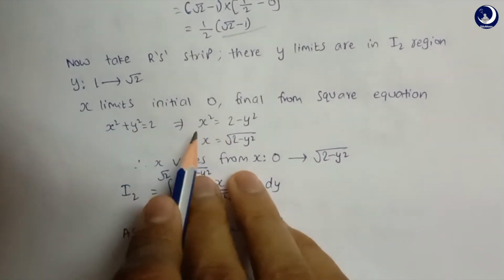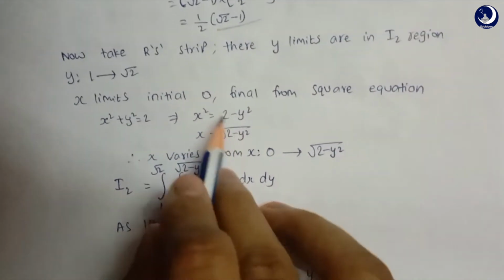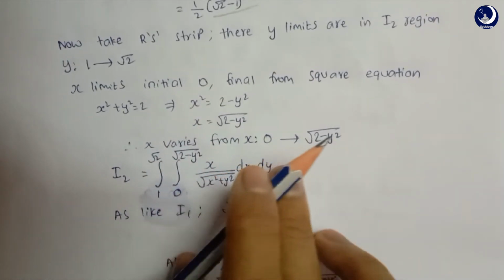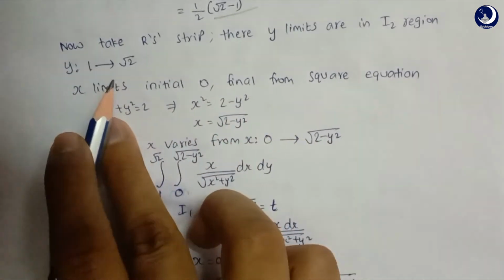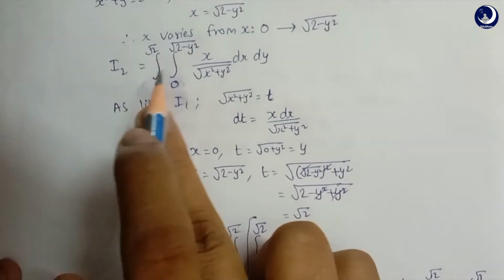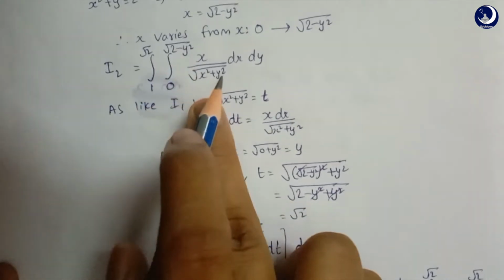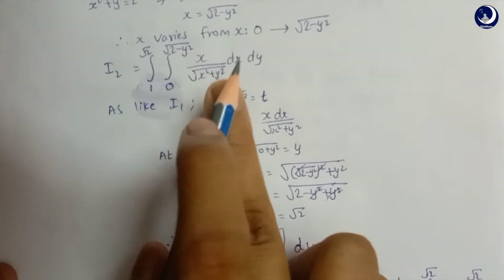By changing this, we get x square equal to 2 minus y square, so x equals root over 2 minus y square. So x varies from 0 to root over 2 minus y square, and y varies from 1 to root 2. We apply the double integral, which is the I2 function: integral 1 to root 2, integral 0 to root over 2 minus y square, x by root over x square plus y square dx dy.